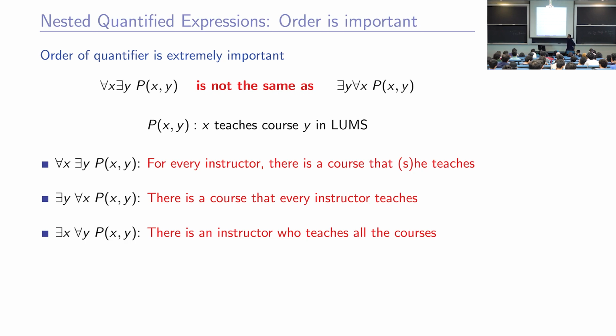Okay. Now, if I say there exists x for all y p of xy, what is this statement? Again, x, the universe of discourse is all people, y, the universe of discourse is courses. So there exists a teacher who teaches all courses.